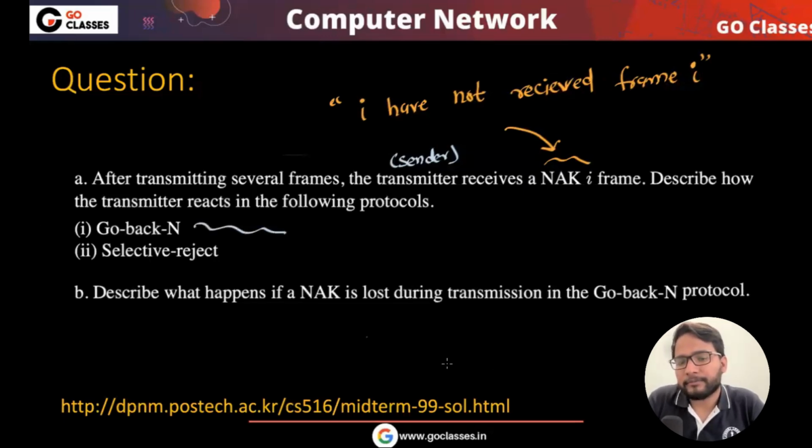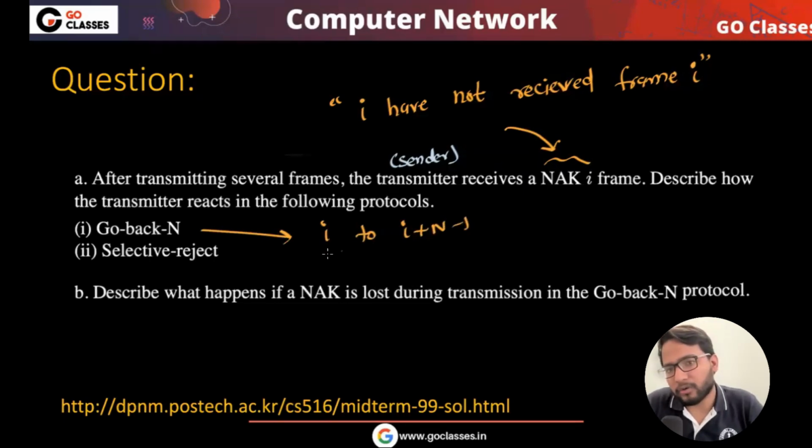In go back N, it will be sending I to I plus N minus 1. If you count the packets in this window, it will be N packets. In selective reject or selective repeat, it will be sending just the ith packet.